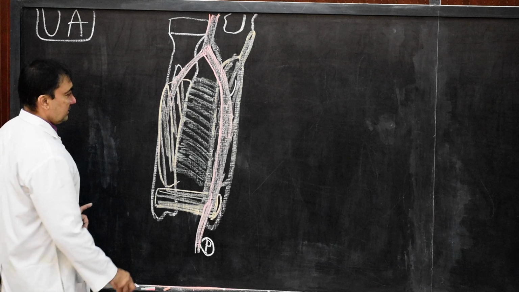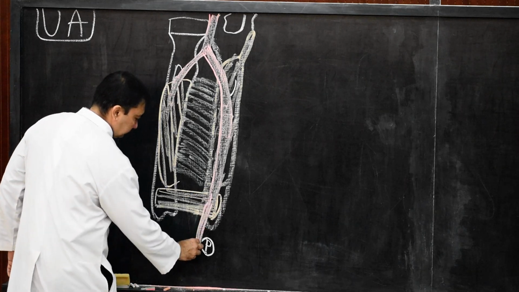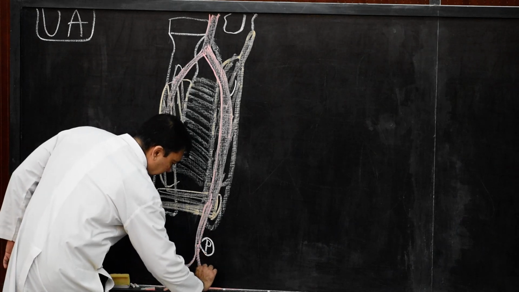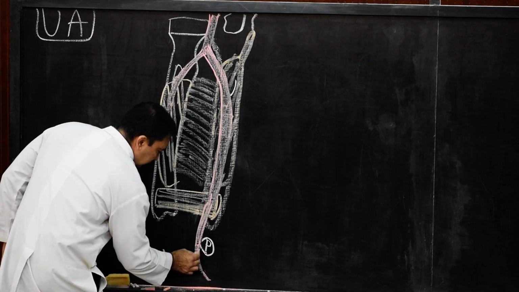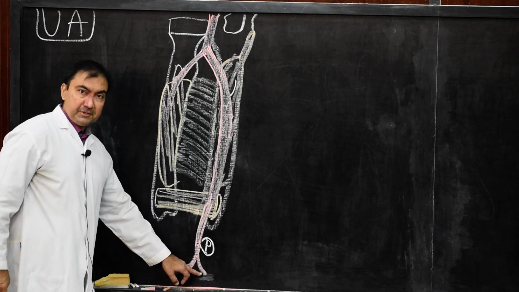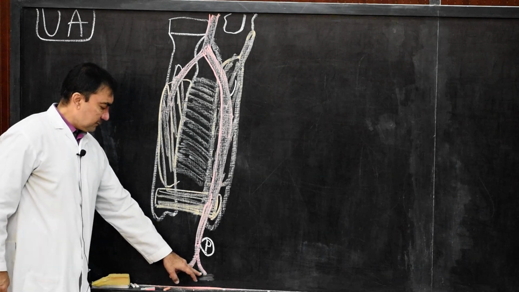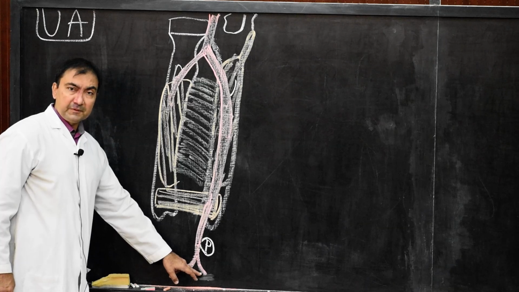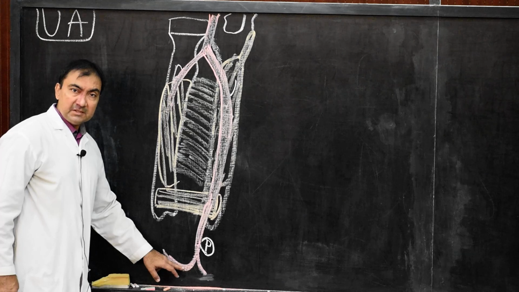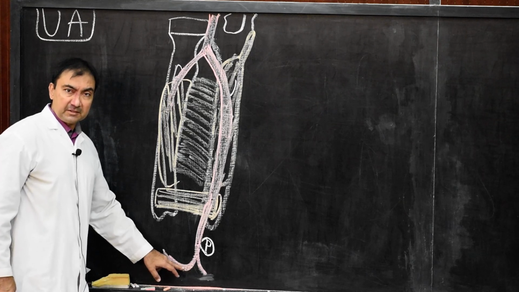This ulnar artery then will divide into two. One branch will be superficial, and it will pass into the superficial palmar arch. This will be the deep branch, and it will pass into the deep palmar arch.